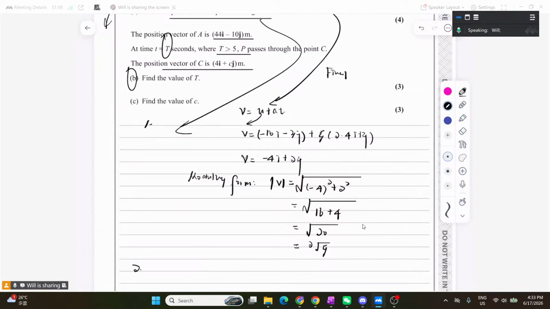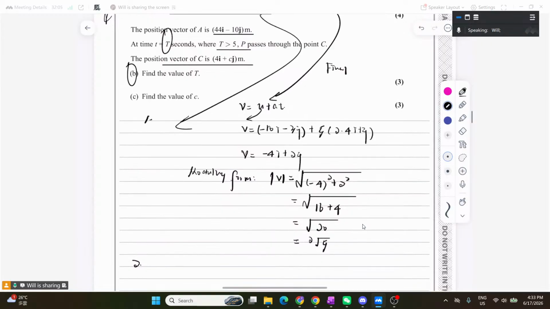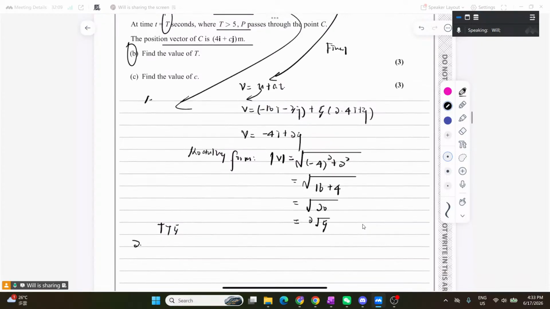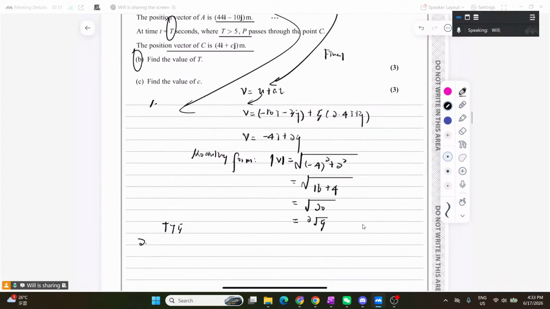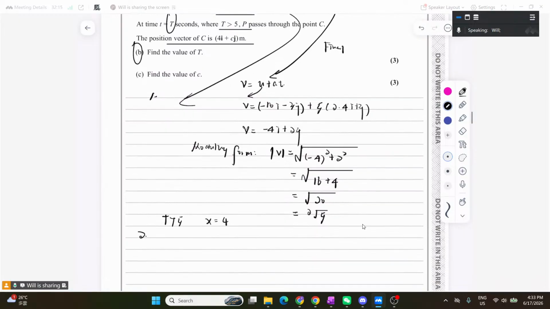Use i first. Because T is greater than 5, with the position x equal to 4, can we use the position vector form? First, we can use the position vector form.